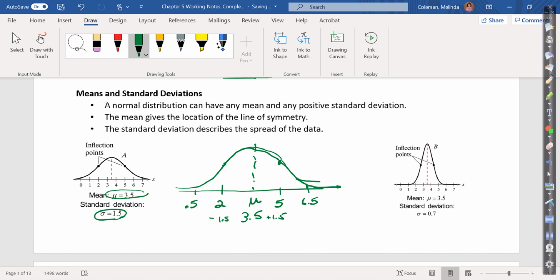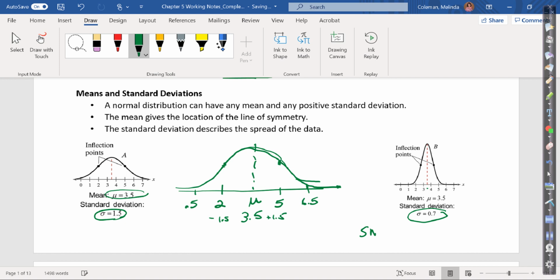So I should be able to draw my graphs just based on where the standard deviation fits in connection with the mean. Likewise here, the mean is 3.5. So again, we're going to start at 3.5. But this time I'm only adding or subtracting 0.7. So that's going to make this picture much steeper.